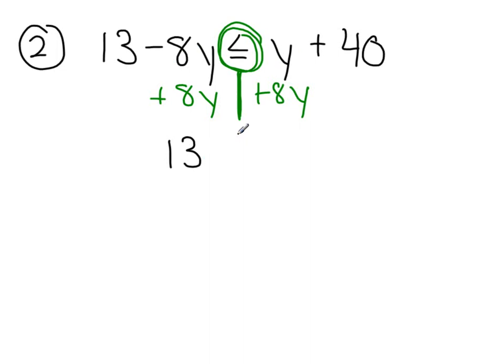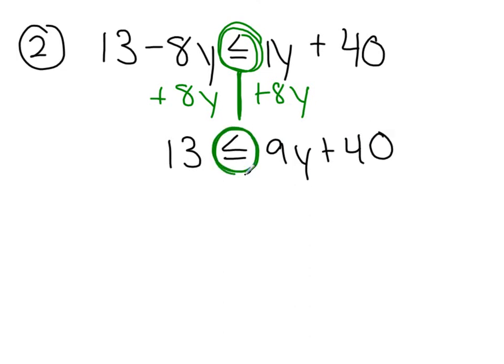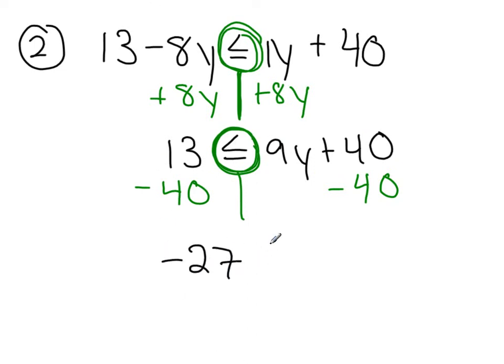Didn't mess with anything, didn't multiply or divide, so we're in the clear. 1y plus 8y is 9y. After we've simplified and we got one variable on one side of the equation, we're going to do the addition principle. Subtract 40 from both sides. 13 minus 40 is negative 27, is less than or equal to 9y.